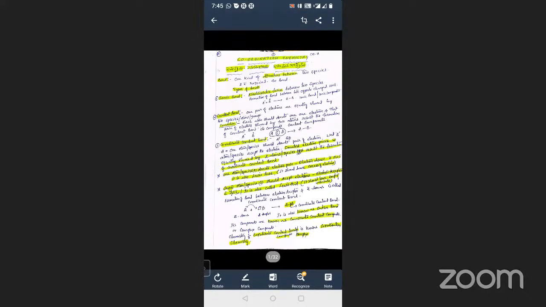Actually, what is today? Today's date is 26. What is the atomic number of 26? Iron, sir. Iron. 26. That is iron. 26 is iron.